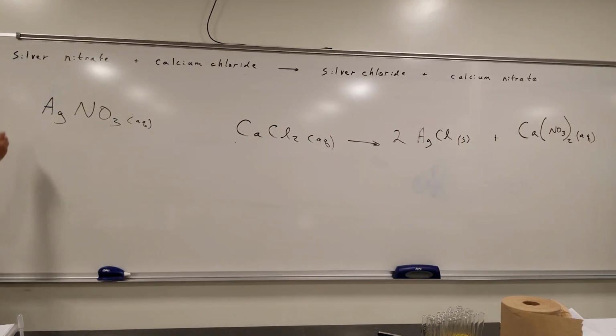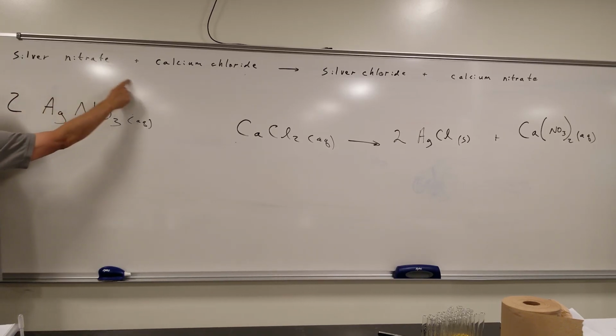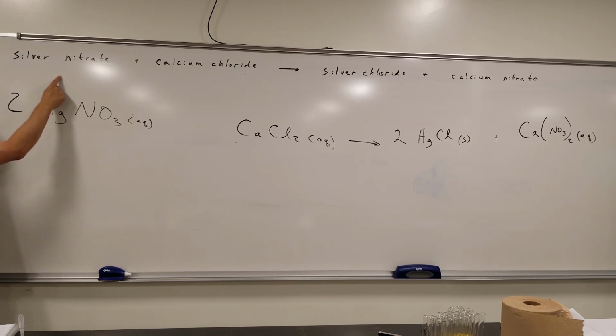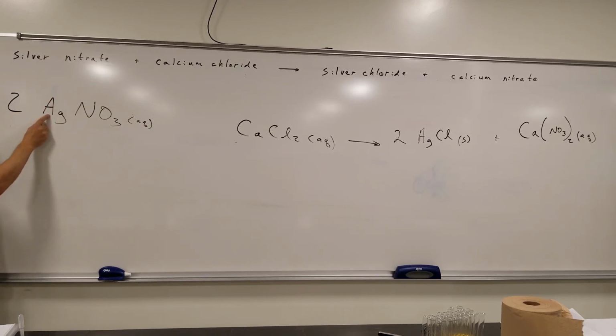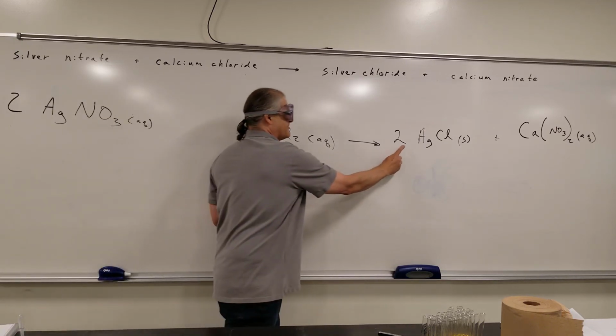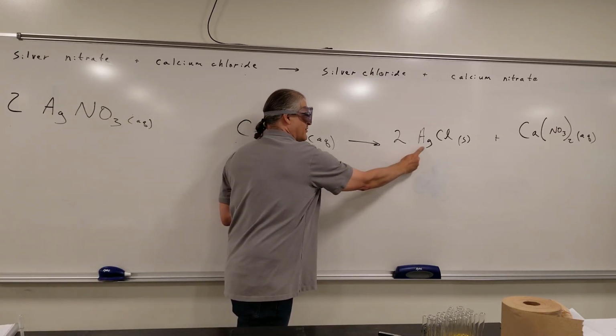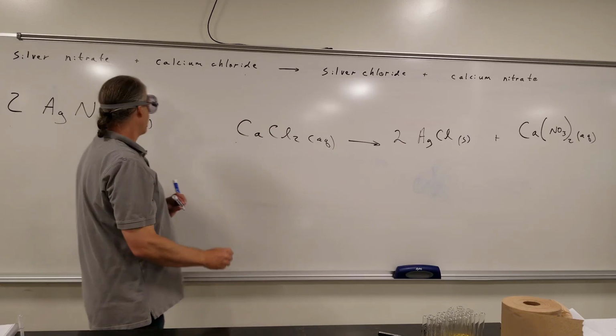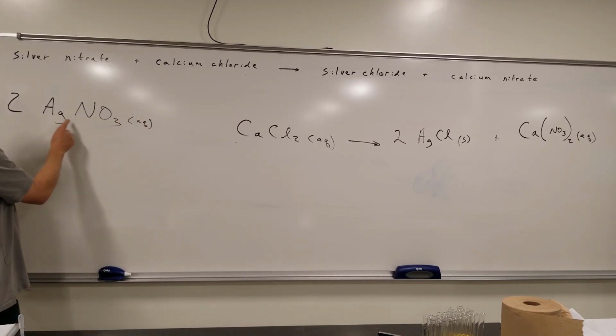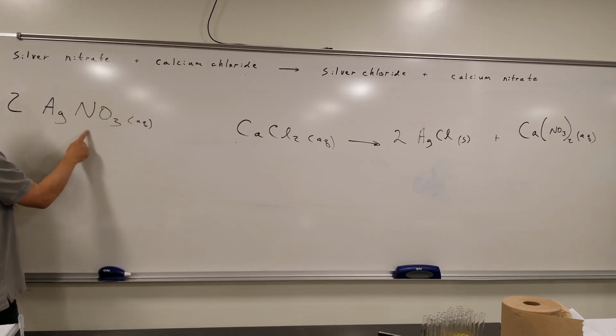Oh, that's easy to fix. I'll put a 2 there. 2 units of silver nitrate. That just means 2 atoms of silver. Balances my 2 atoms of silver over here. This also gives me 2 units of NO3.